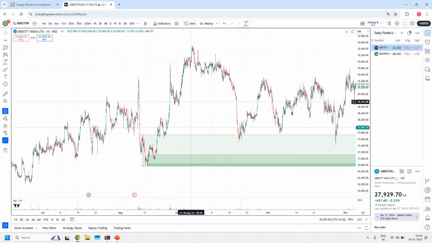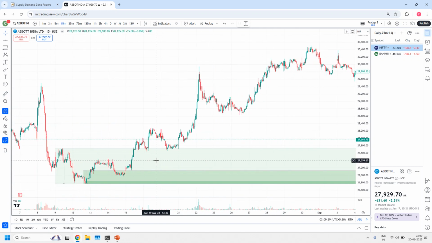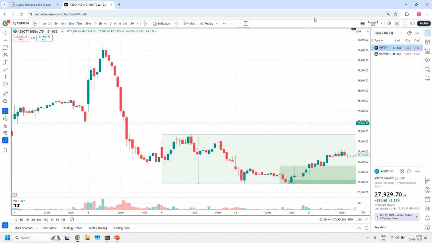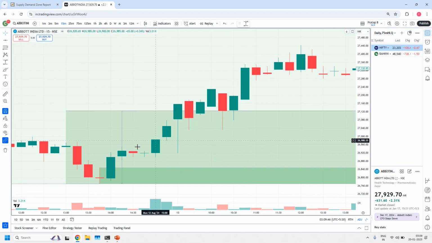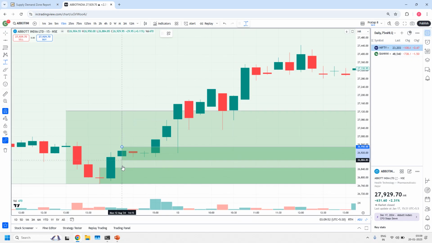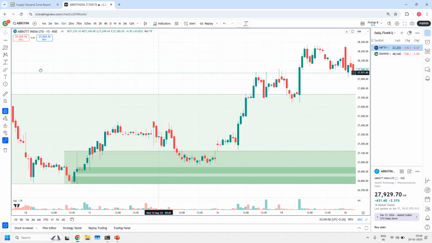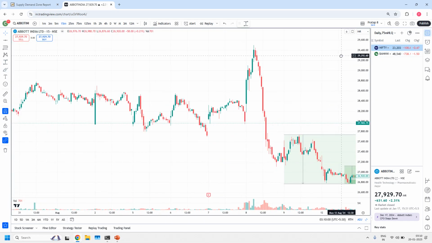But are there any more 15-minute zones here? Let's verify. Here is another 15-minute zone, a little above. We have a rally, base, rally. And is this 15-minute zone tested?